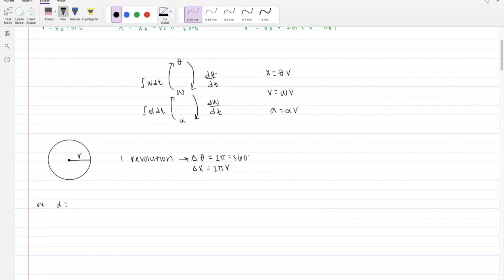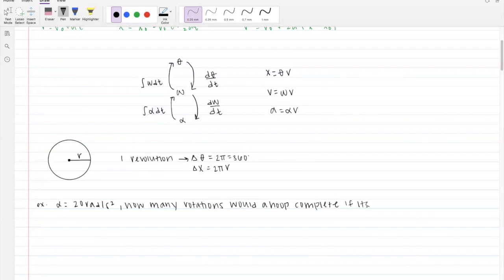If your angular acceleration is equal to 20 radians per second squared, how many rotations would a hoop complete if its r is equal to 2 m, and this is going to be between 0 and 2 seconds for its time.